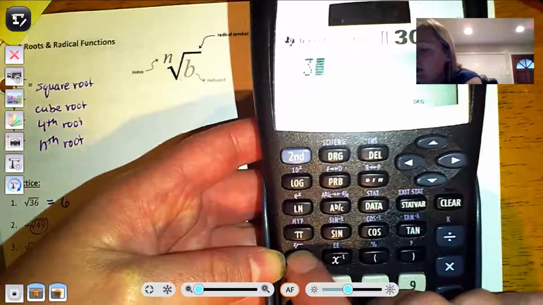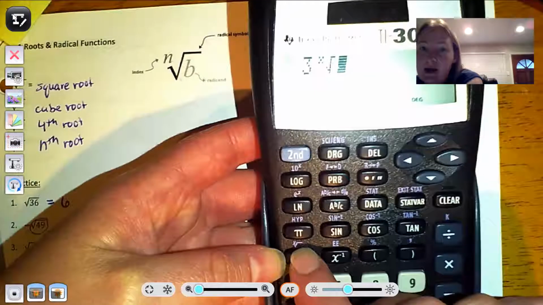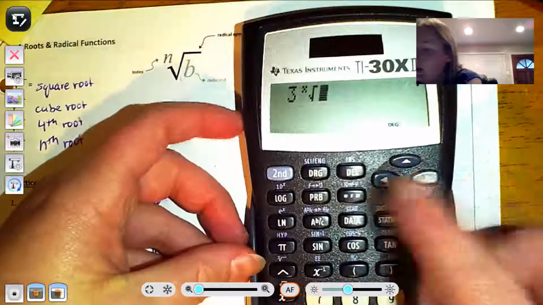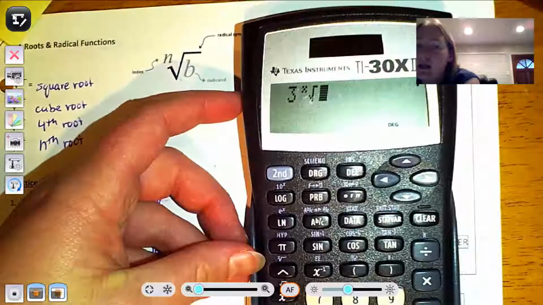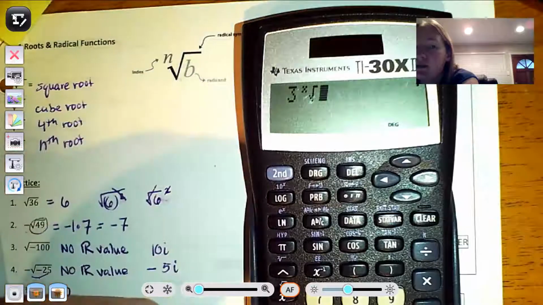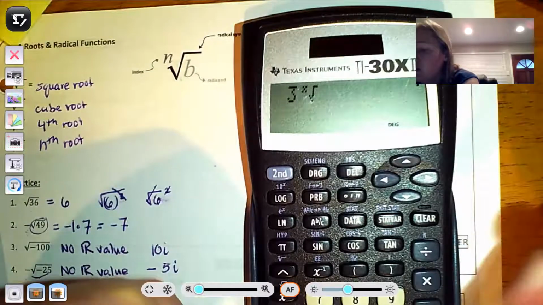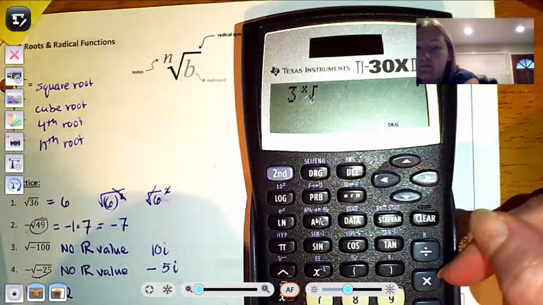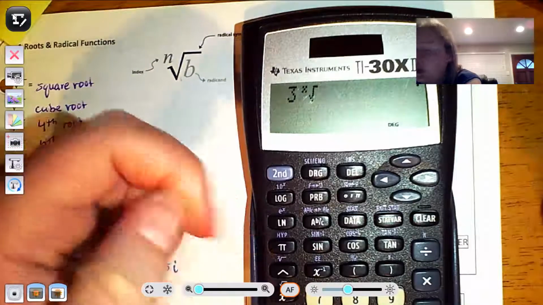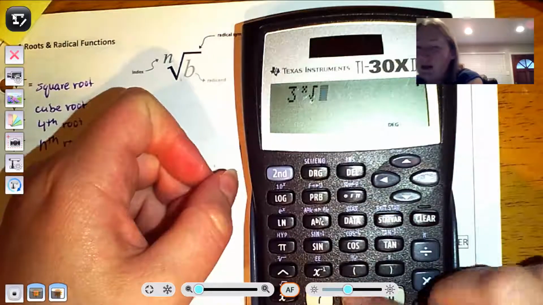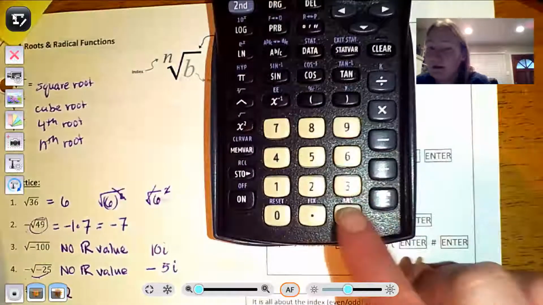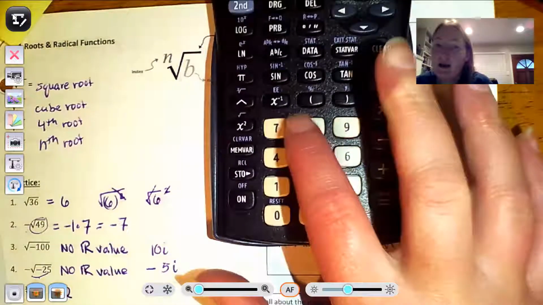So we undo it with the xth root. So we click that. And what this is saying is the x is actually 3. It doesn't mean 3 times. If I wanted to do 3 times a root, I'd have to use the multiplication button over here. So if I want the cube root of -8, I'd go down to my negative down here, and then 8.